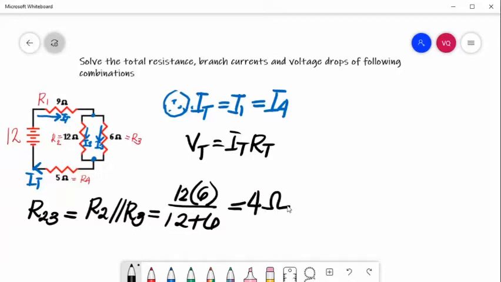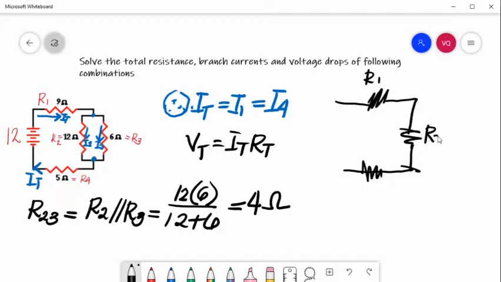Or redraw your circuit, it will become like this. So this is now your R1, this is your R23, and this is your R4 connected to your source voltage 12.